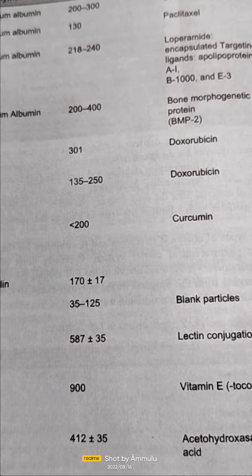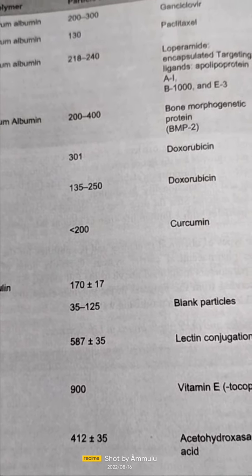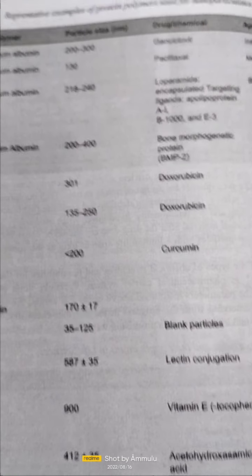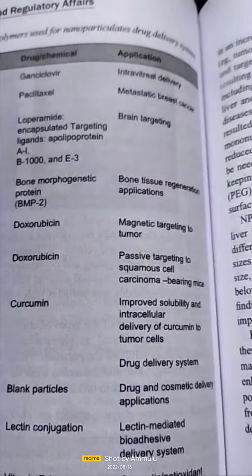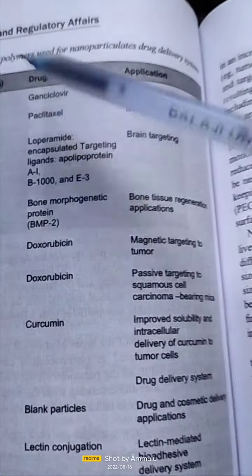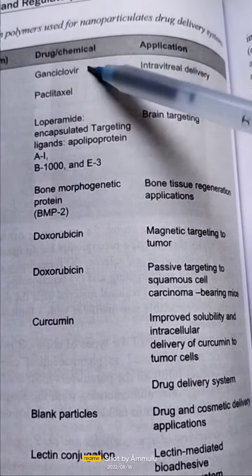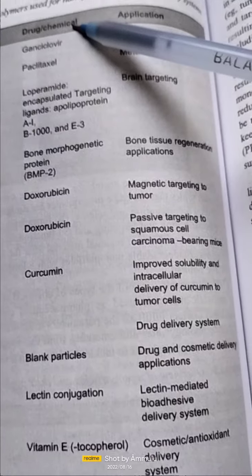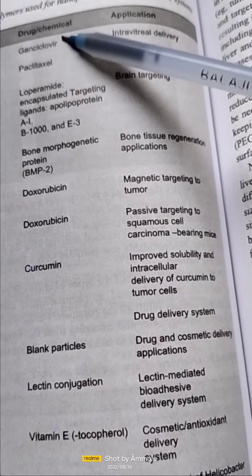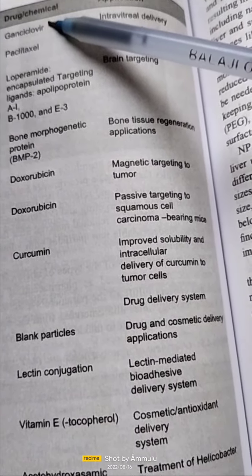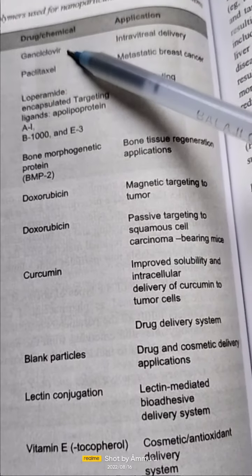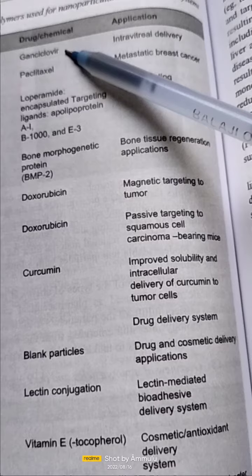When we administer ganciclovir, that chemical you have to study from here. Ganciclovir is a drug taken in 200 to 300 nanometers. It will bind to the human serum albumin, and the use of this ganciclovir drug is intravitreal delivery.